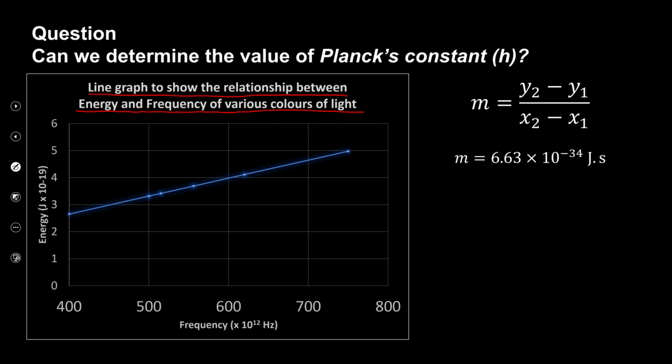You can see that on the y-axis, I have my energy, the dependent variable, and on my x-axis, I have my frequency, the independent variable. And when we graph these values, we can see a very clear straight line passing through all of the points on the graph.